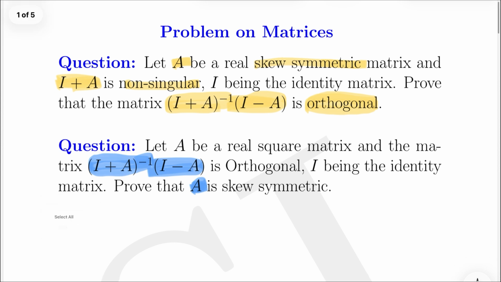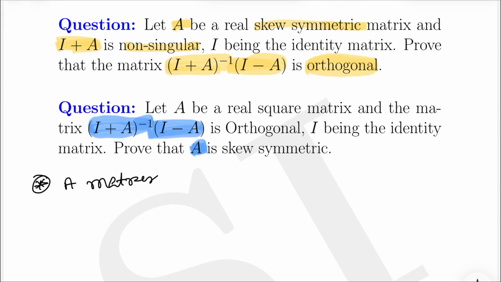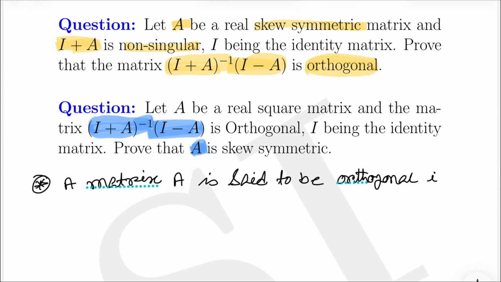So what is an orthogonal matrix? A matrix A is said to be orthogonal if A A transpose is equal to identity. And I hope you know what a non-singular matrix is.